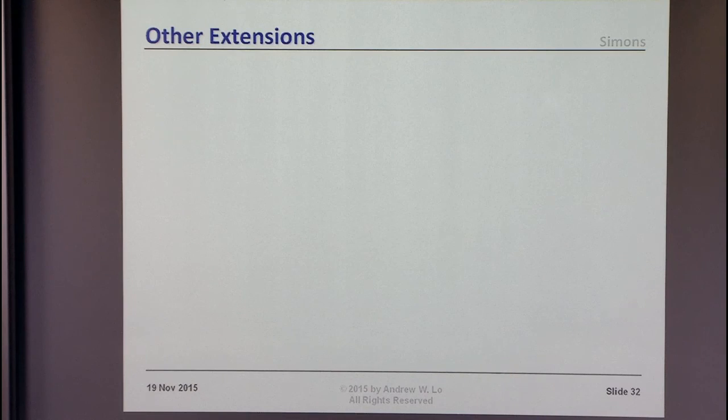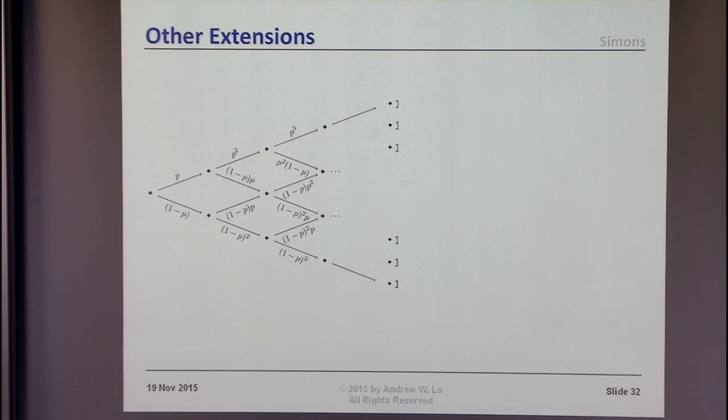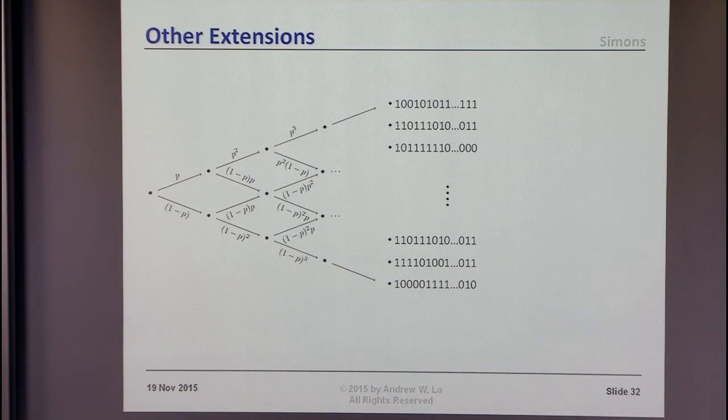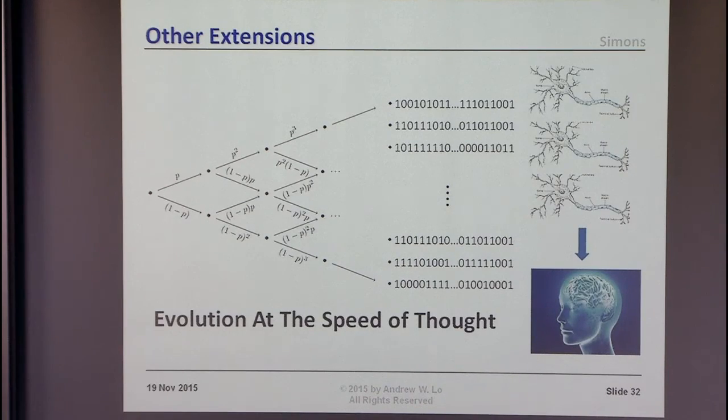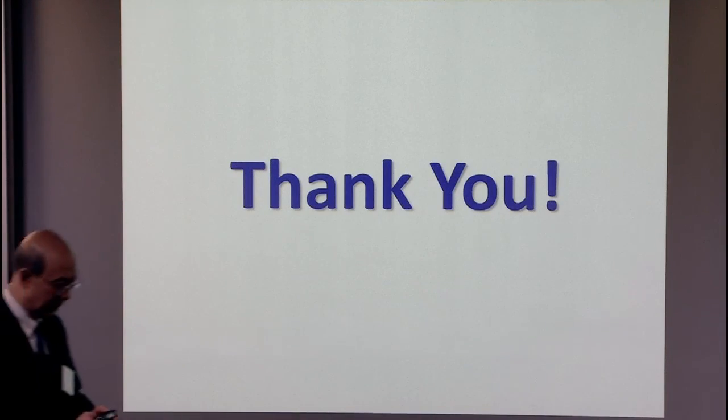These are all Bernoulli choices. If you bring them together, you get a binomial tree. You can imagine that now the kind of behaviors you can get are much, much more complex. It's not just A versus B, but you get binary strings of behavior. And of course, that looks a lot like human thought. It's evolution at the speed of thought. That's where we hope to go with this, to be able to provide a little bit more of a generalization for the framework. Thank you.